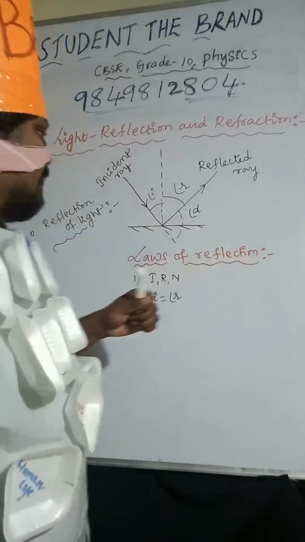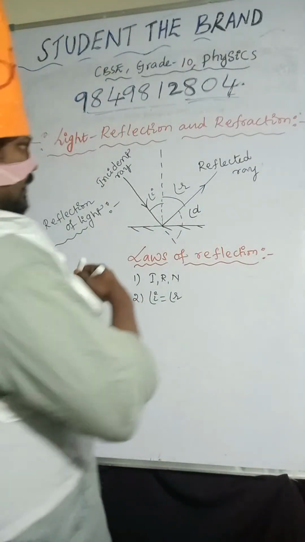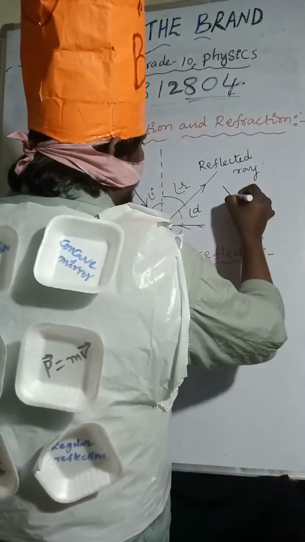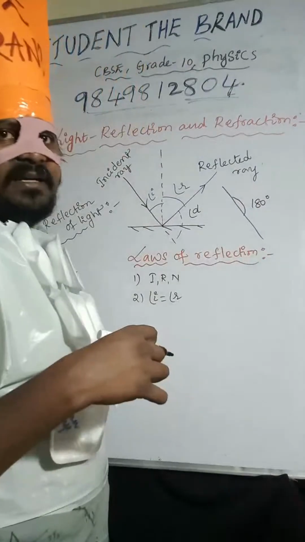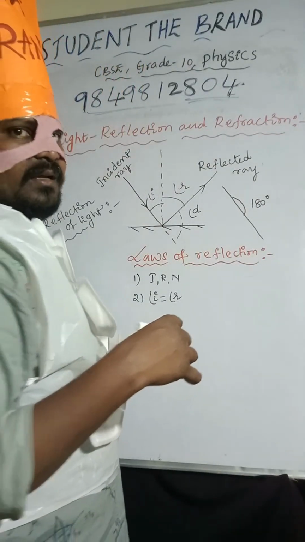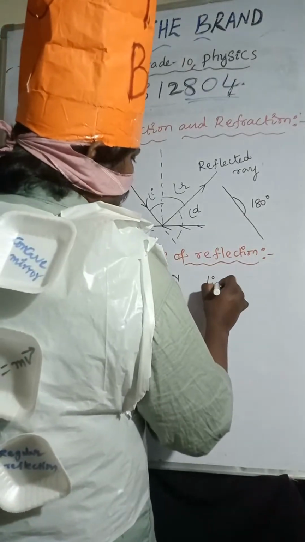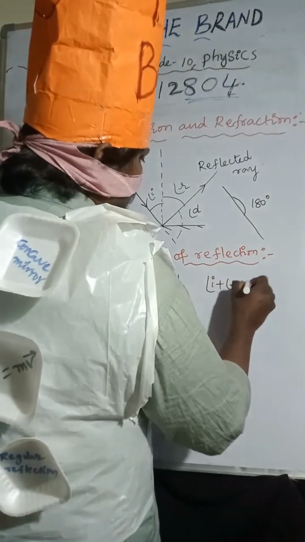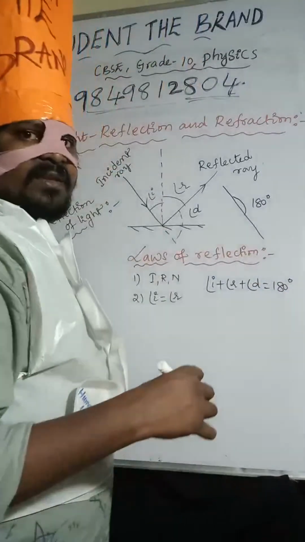Next, here we can take the linear angle. Linear angle is 180 degrees. According to that, angle of incidence plus angle of reflection plus angle of deviation equals 180 degrees.